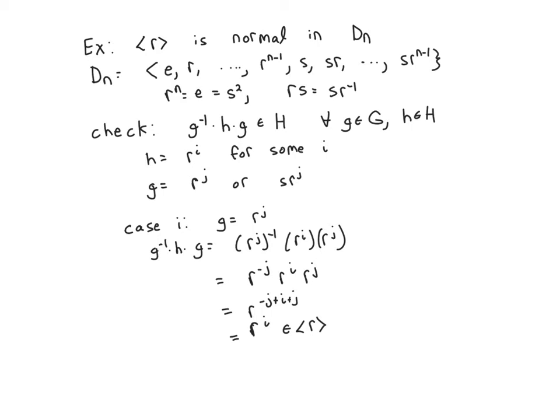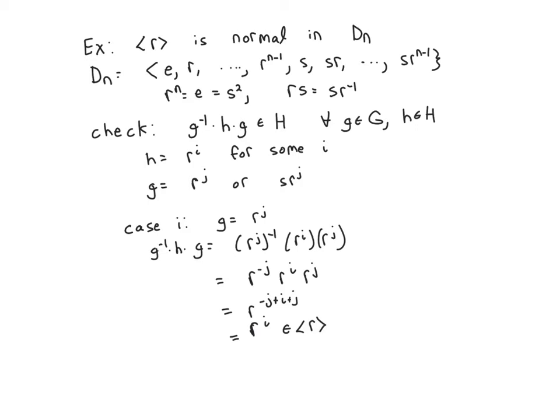Recall that the dihedral group, which are the symmetries of an n-gon, has n rotations and n reflections. And the reflections can be written as s times a power of a rotation, where s is some special reflection.